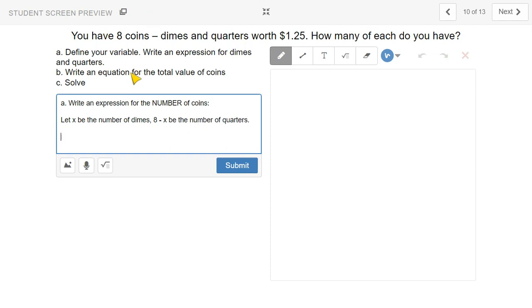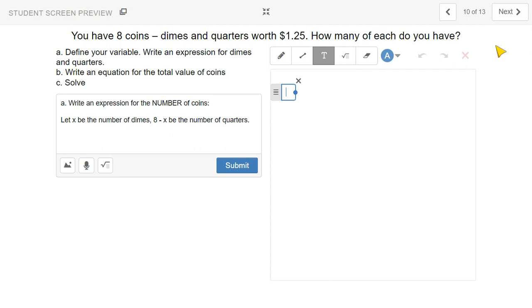Next, we're going to write an equation to talk about the amount. So we have $1.25, and this is going to equal the first coin, dimes, times the value of a dime, and we're adding it to the second coin, which is quarters, and we're going to multiply it by the value of quarters.